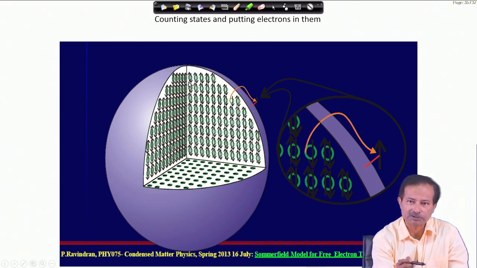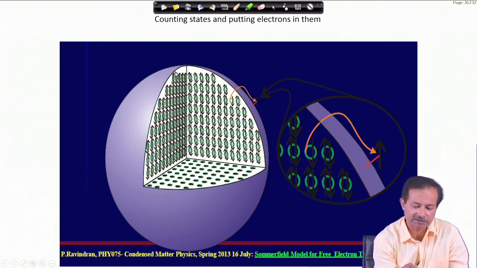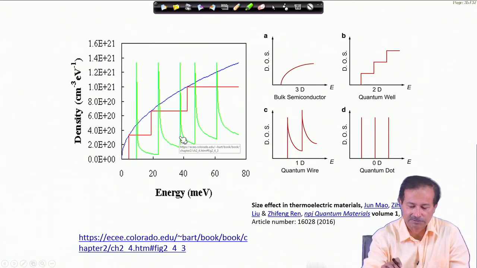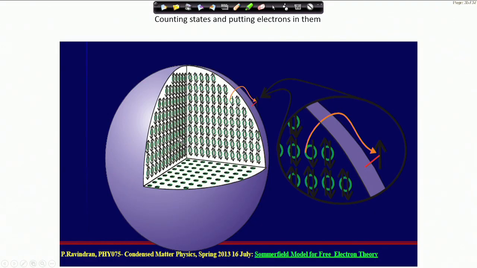So, to generate an excitation of this system, you have to take an electron and take it outside the sphere. As you can see, for the last electrons at E_F, at the Fermi surface, the amount of energy required to excite is exceedingly small, but for the ones which are deep down, you have to give this much energy to pull them out of the Fermi surface.